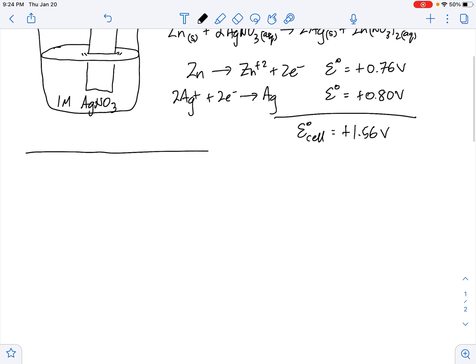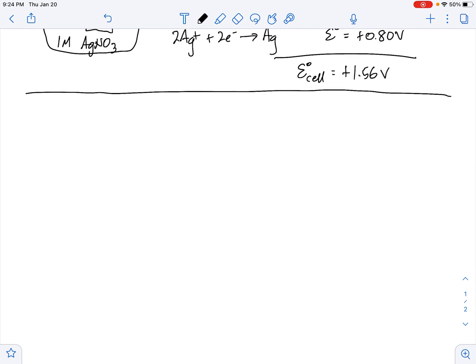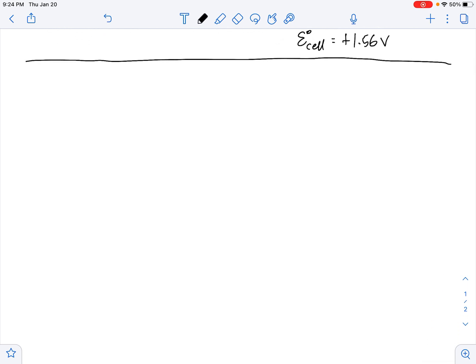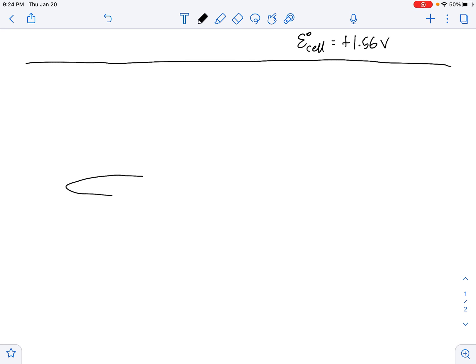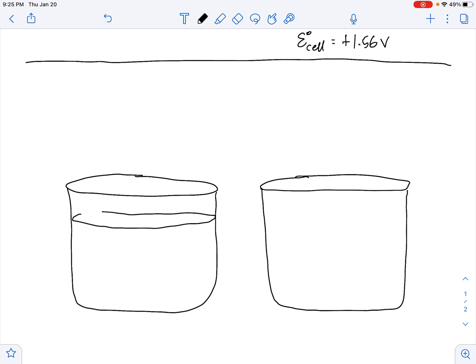So what would that look like if we took that exact same reaction but made it so that electrons went through a wire? Each half cell has a piece of metal sitting in a solution of its ion.